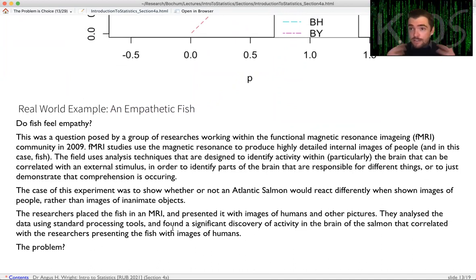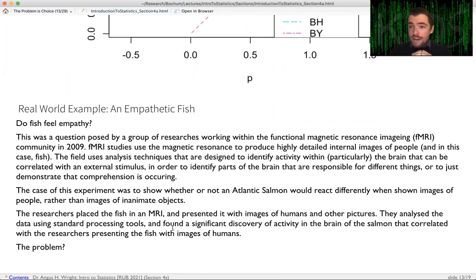They scanned the fish's brain while they were going through and saying, this is a picture of humans, this is a picture of a chair, this is a picture of such and such. Afterwards, they analyzed the fMRI data and found a many-sigma significant detection of activity in the salmon's brain that correlated with when it was being shown a picture of people.